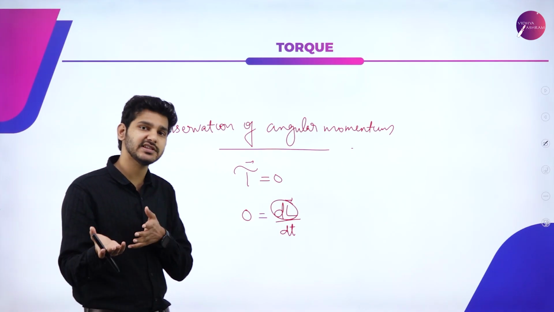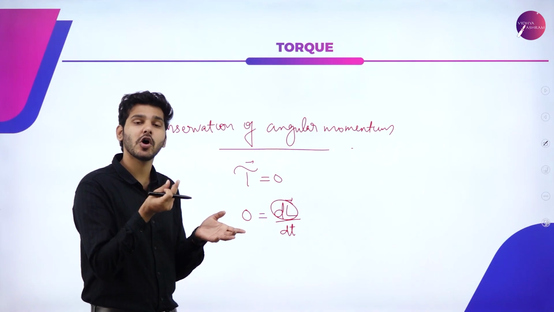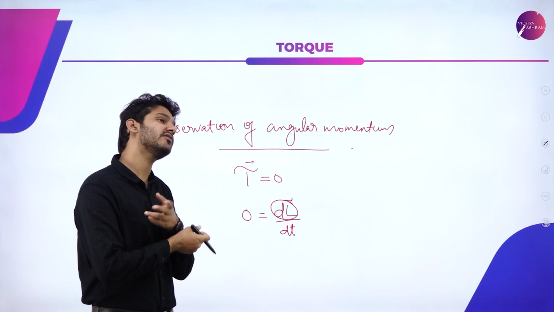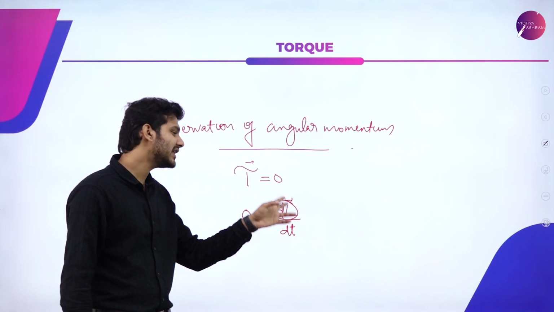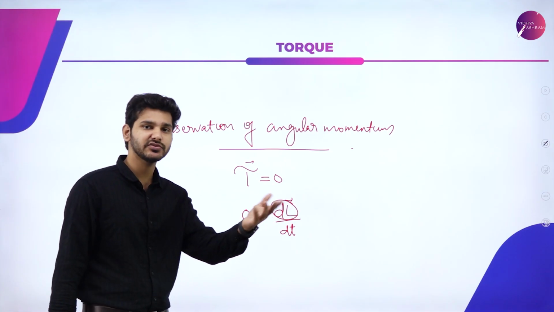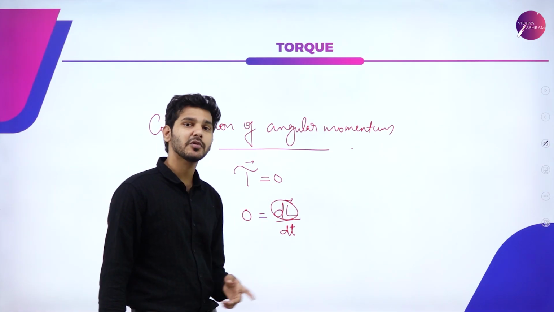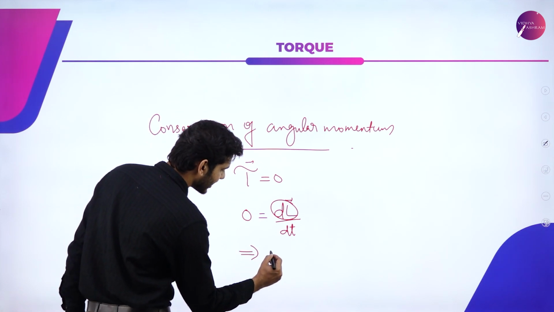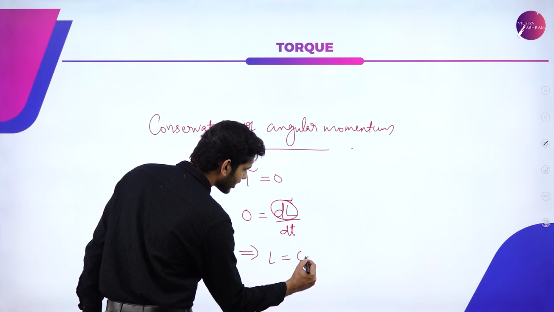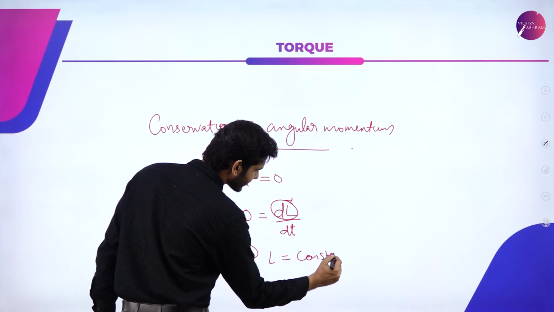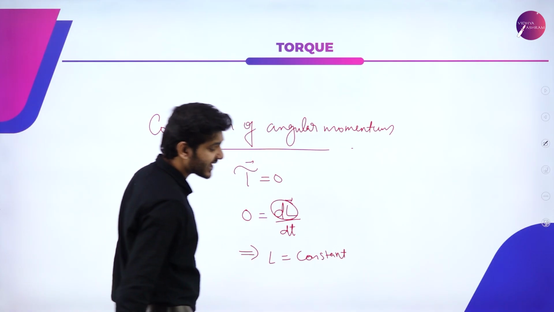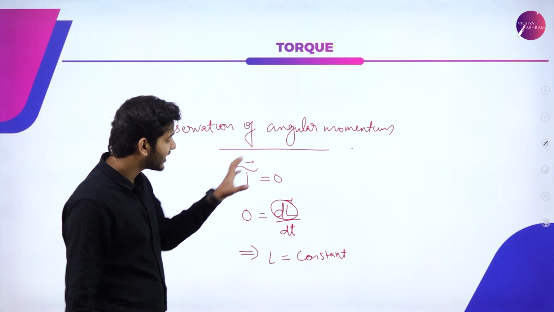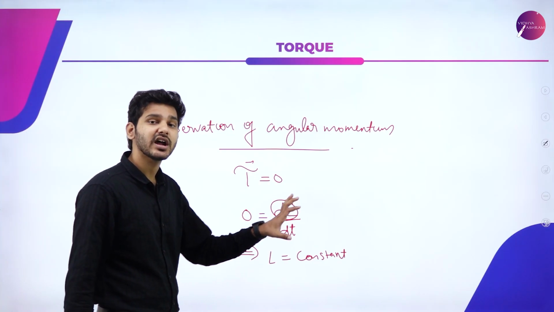How can dL be 0? dL signifies a small change. If there is not even a small change, it means L is not changing. L is a constant value, which means angular momentum is constant. So here I can say L is equal to constant. What that means is that angular momentum is conserved.